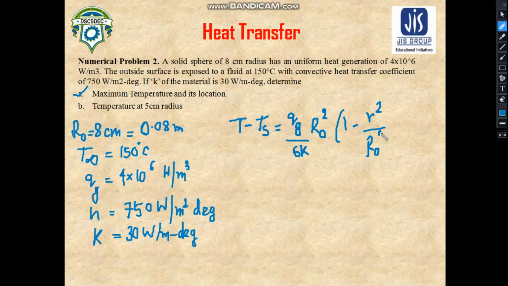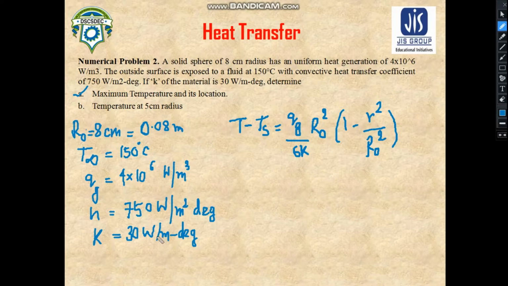If you remember this formula, then it becomes a problem of 2 minutes. You can just replace this R as 5 centimeter and you can get all the relevant data.